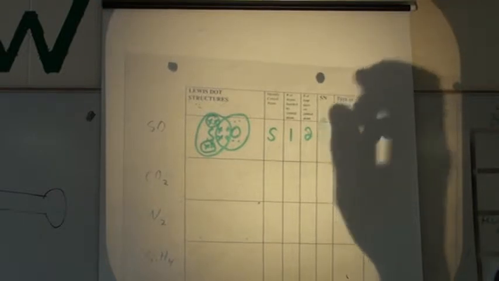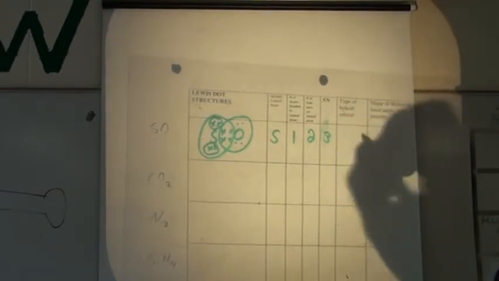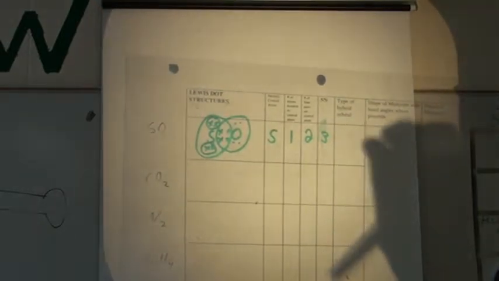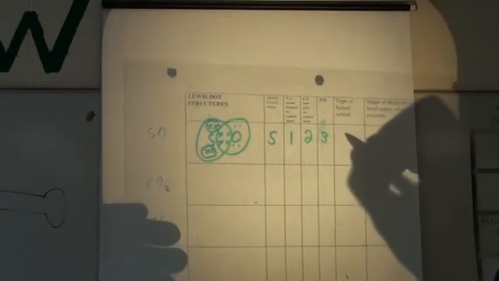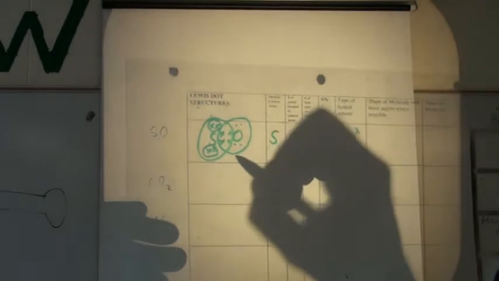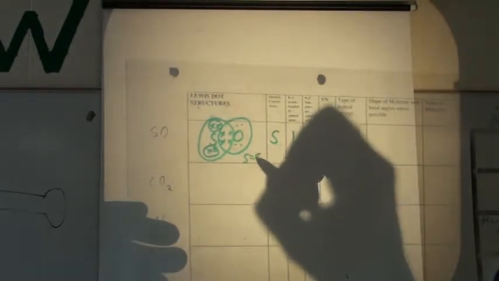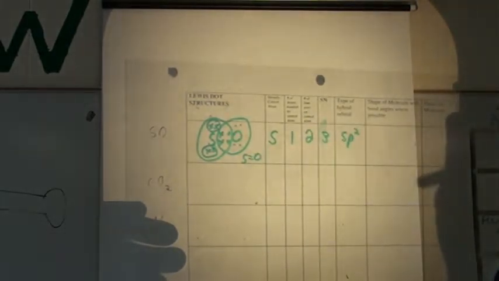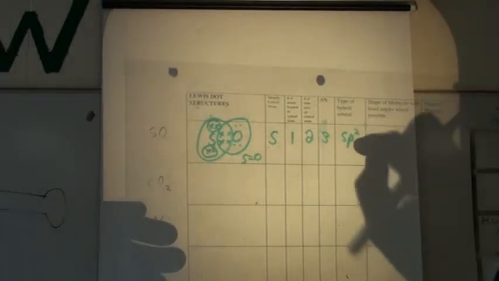What is the SN? 3. So it's the same as before. And the hybridization would be SP2. SP2, which it better be, because we just learned yesterday that when you have a double bond, what's the hybridization? SP2. I got a double bond, I better have SP2 hybridization.